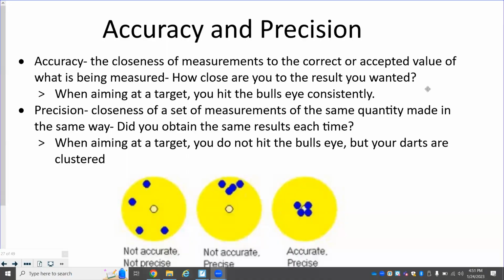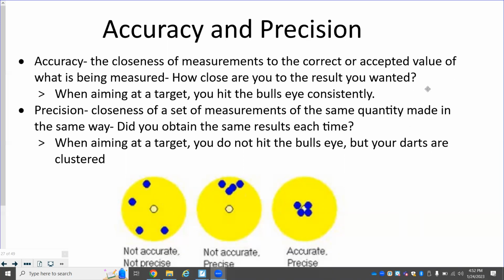All right, last thing we're going to look at in terms of measurements is, are measurements accurate or precise? This is going to deal with when we have a series of measurements. With accuracy, accuracy is the closeness of measurements to the correct or accepted value of what is being measured. So how close are we to the result we wanted or we should have gotten? For example, if we are aiming at a target, we are aiming at the bullseye.